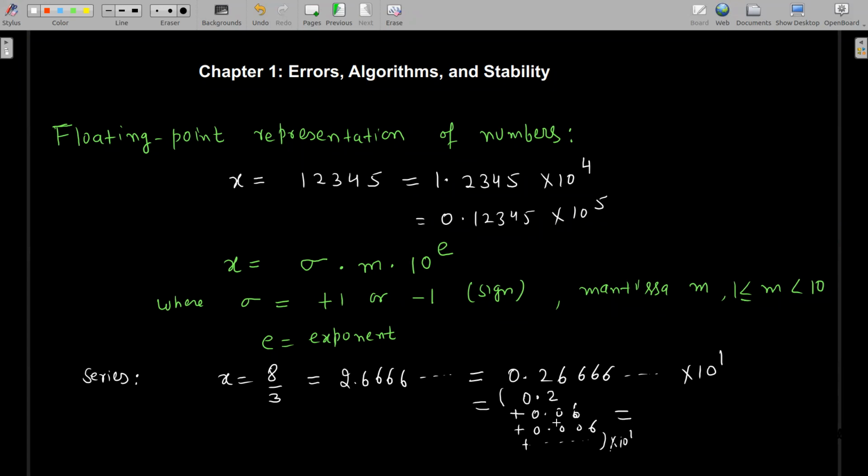Series means writing each place in powers of 10. So 0.2 in powers of 10 will be 2 by 10. Then you have 0.06, that will be 6 by 100, that is 10 square. Then the third digit will be 6 by 10 cube and so on. So this is called series representation of numbers.